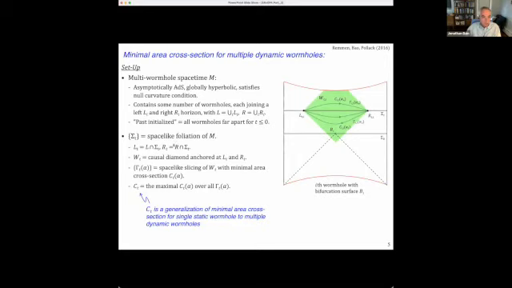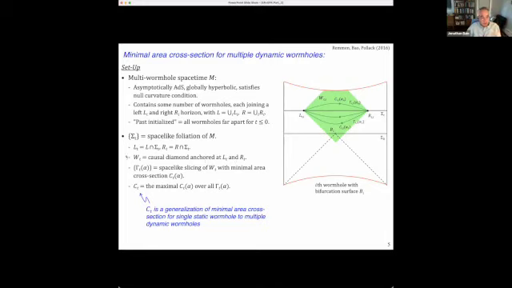They first identify a space-like foliation of M, of space-like surfaces gamma parameterized by T. For a given member of this family, they then identify the intersection of that member with the union of all the left horizons, call that L sub T. And similarly for the intersection of a member with the union of all the right horizons, call that R sub T. Having identified LT and RT, they then identify the causal diamond anchored at LT and RT, which they call W sub T. So think of W sub T as the domain of dependence of a space-like surface that ends at LT and RT.